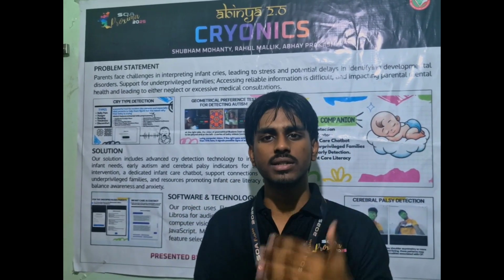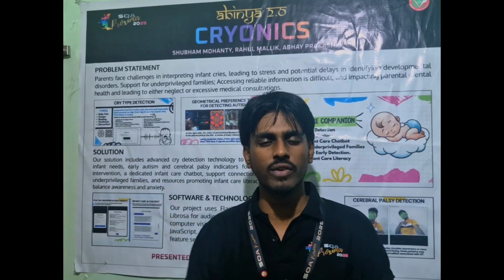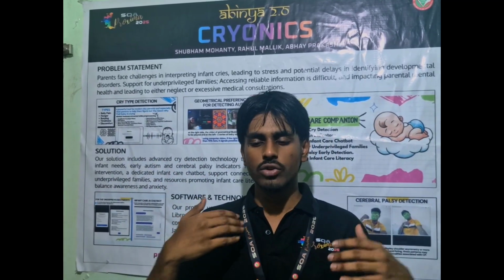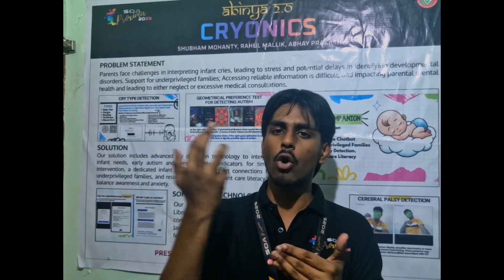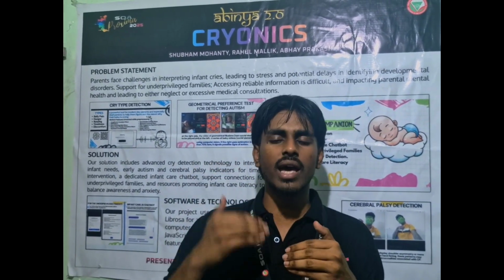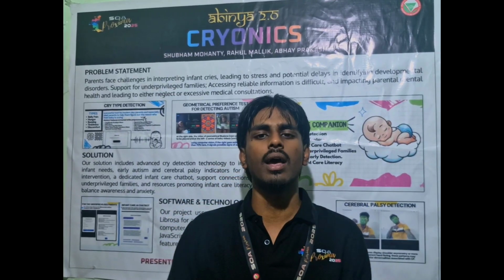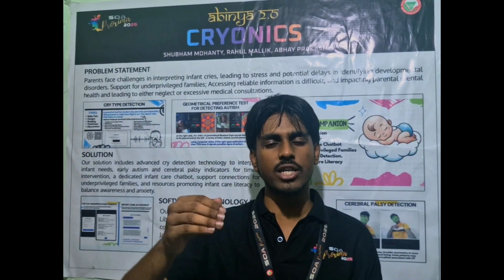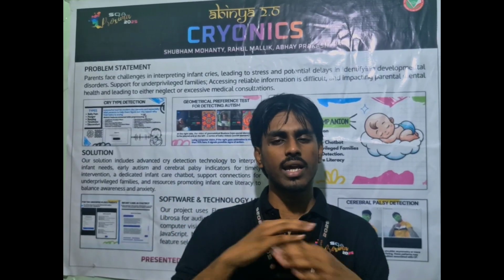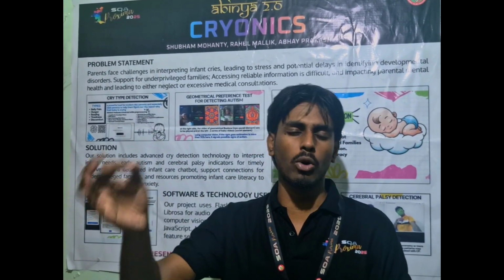If the infant persists to have their shoulders quite asymmetric for a longer duration of time, that is again a possible sign. So we have developed a test using again OpenCV and MediaPipe, where if there persists fisting for more than 75% of the time, it detects possible signs of cerebral palsy. And if there is shoulder asymmetry for more than 70% of the time, that is again a possible sign of cerebral palsy.